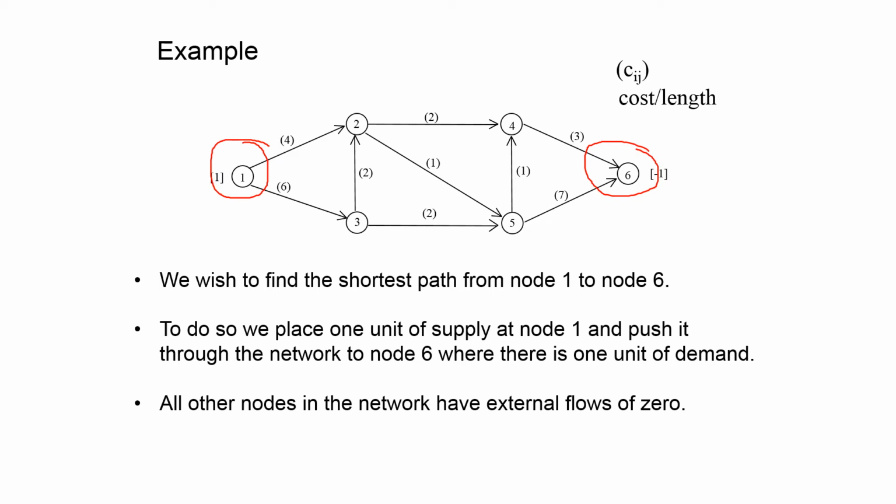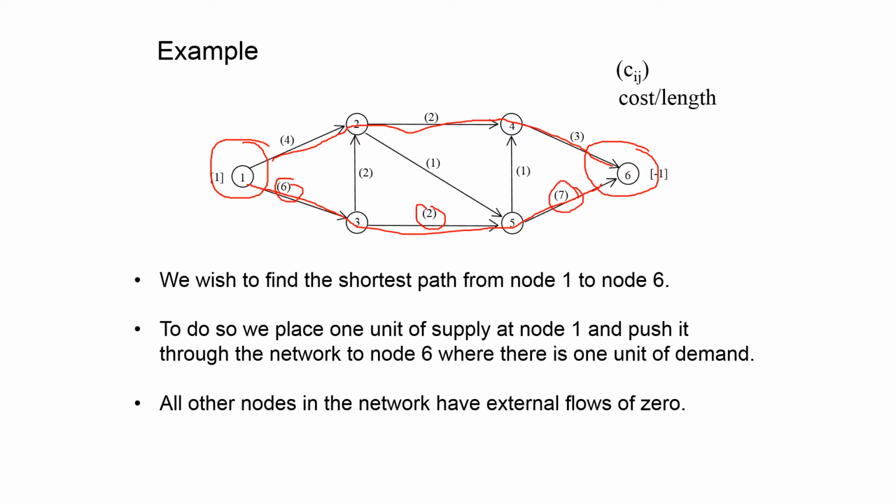One way of going there is 1, 2, 4, and then 6, and the cost of this route would be 4 plus 2 is 6 plus 3 is 9. Another route will be 1, 3, 5, and 6, and the cost of this route would be 6 plus 2 is 8 plus 7 is 15.